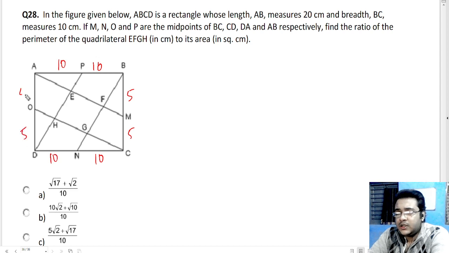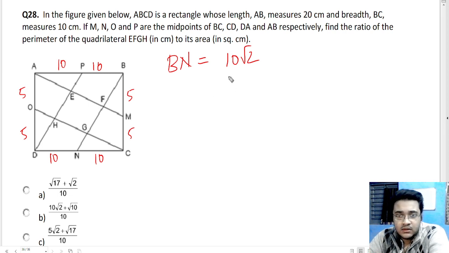But before that, let me use the demarcations. BN is equal to 10, 10. So BN is equal to 10 root 2. Special triangles, recall special triangles, 90, 45, 45.